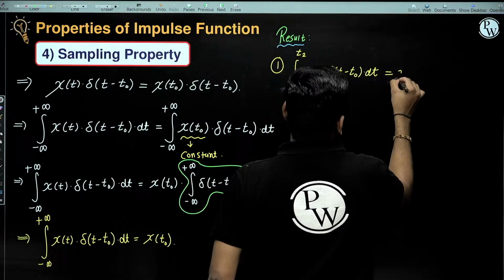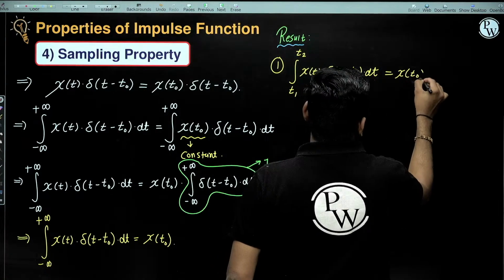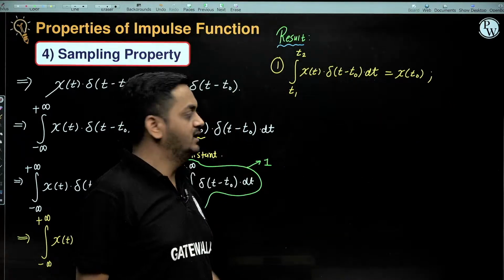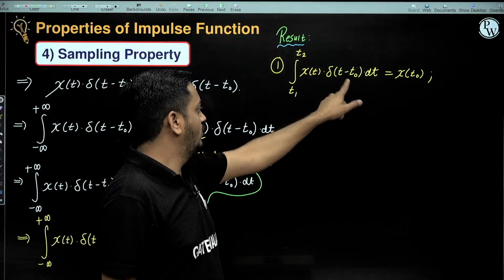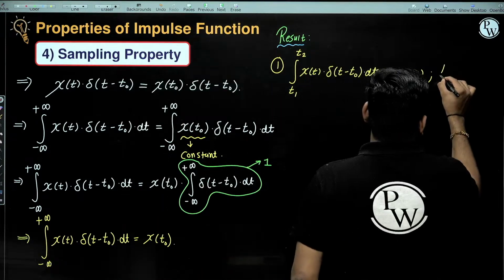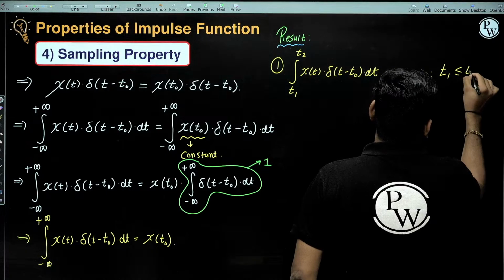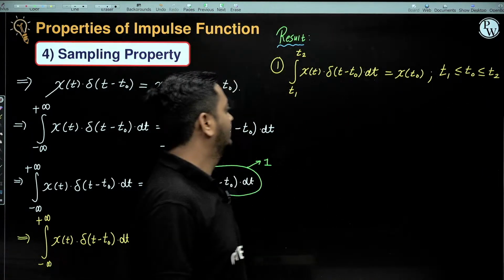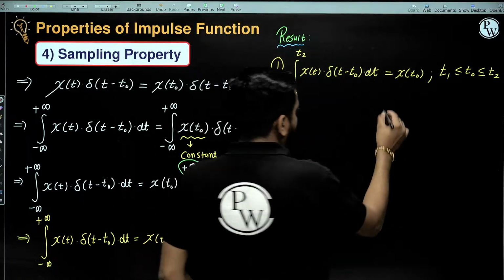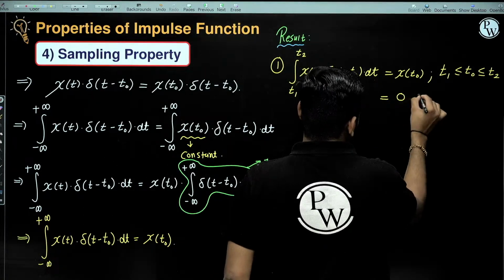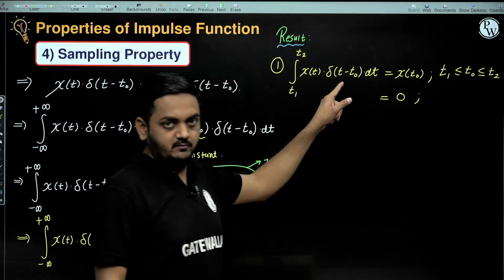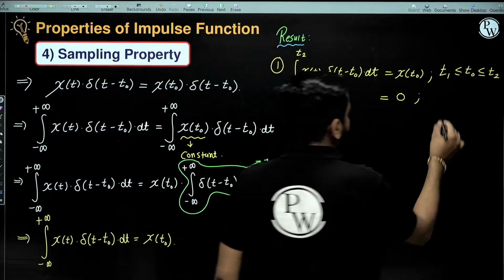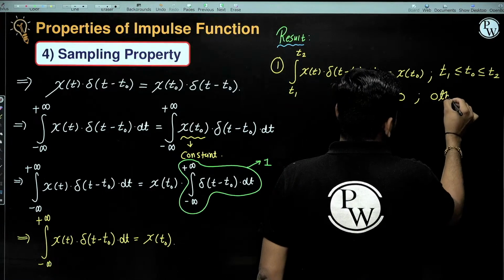Then again the answer will be x of t naught, but this t naught should lie between the given integration limits, that is, if t1 is less than or equal to t naught, which is less than or equal to t2. If t naught lies outside the integration limit, then the answer is 0.